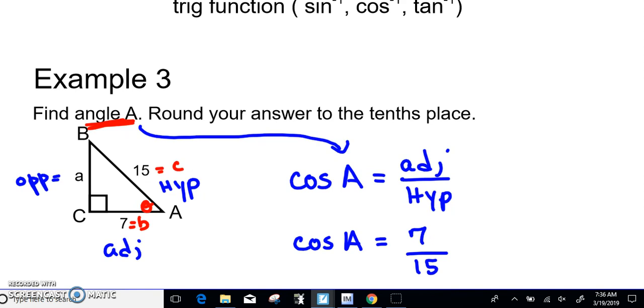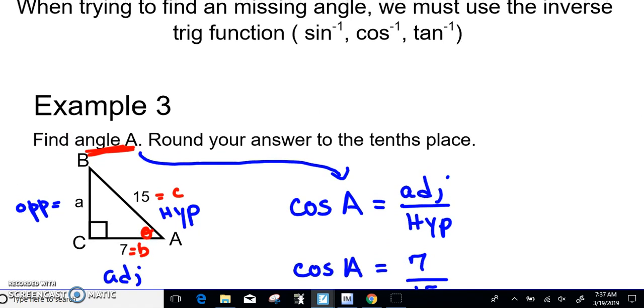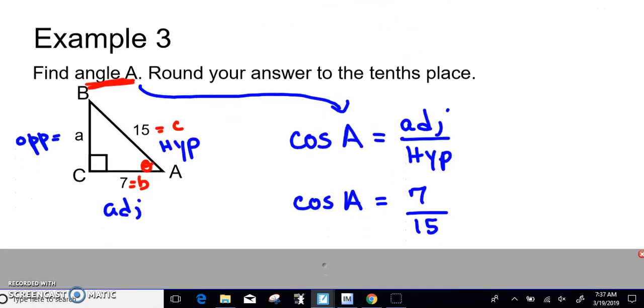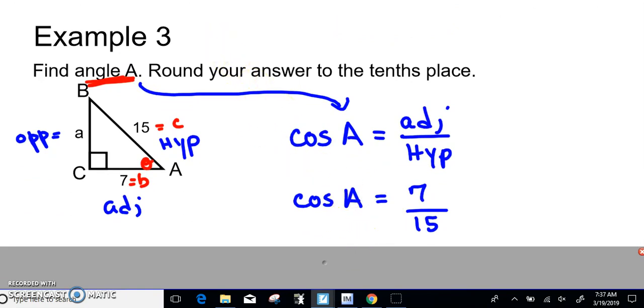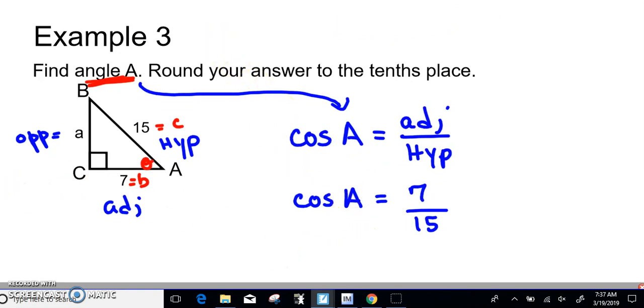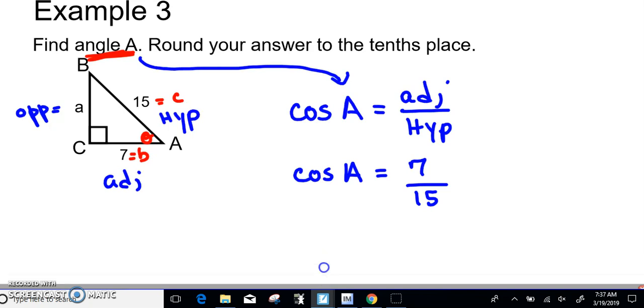All right, so far it's simple, but we still haven't found angle A yet. What do we do? Remember back up here we said we had to do our inverse trig functions? So for this problem, since it's cosine, we have to do cosine inverse.